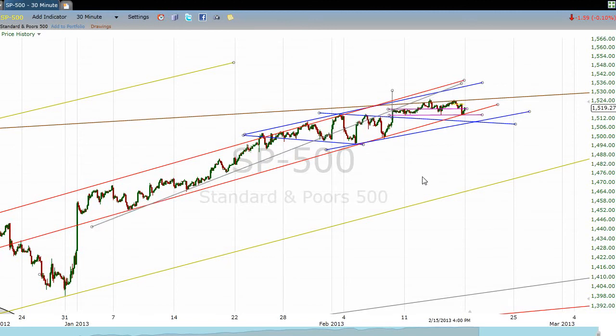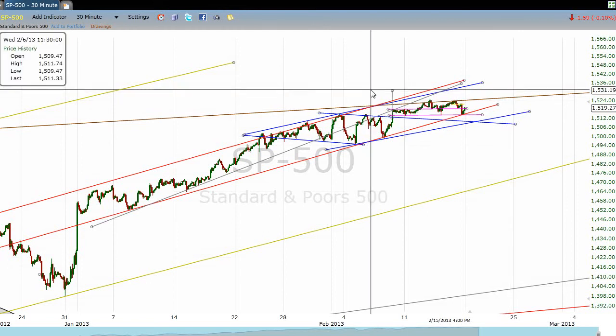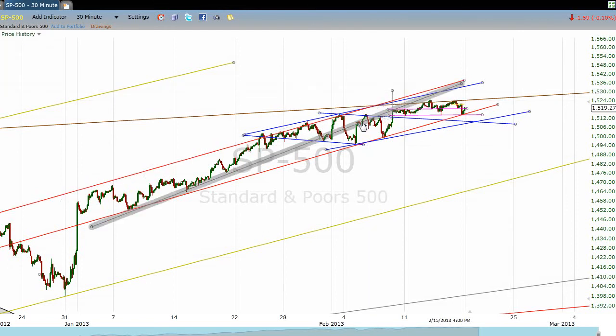It's interesting to note, maybe just coincidence, but our apex of that wedge is at about 1529, and that is also where our target is from this triangle pattern that took about 2 weeks to develop, and that is enclosed by these four blue lines. So that's kind of what's taken place so far in 2013.